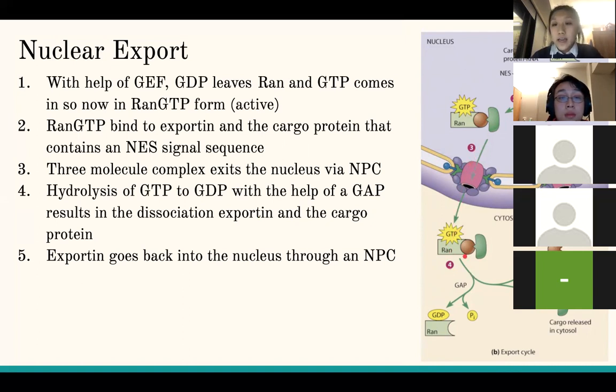And again, in order for everything to let go of each other, the GTPase has to become inactive, so it has to become GDP bound again. That is done through GAP, which hydrolyzes the GTP, making it GDP. Everything lets go. The exportin is free to go back into the nucleus, and then the whole cycle starts again.